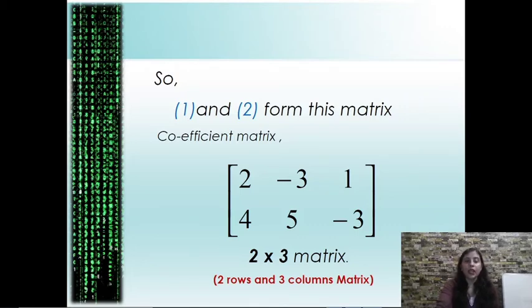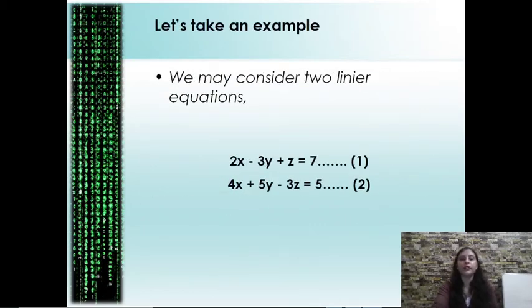In the first row, we have 2, minus 3, 1, the consecutive coefficients of x, y and z. See, in equation 1, the coefficient of x is 2, that of y is minus 3 and that of z is 1. Similarly, for equation 2, it is 4, 5 and minus 3.